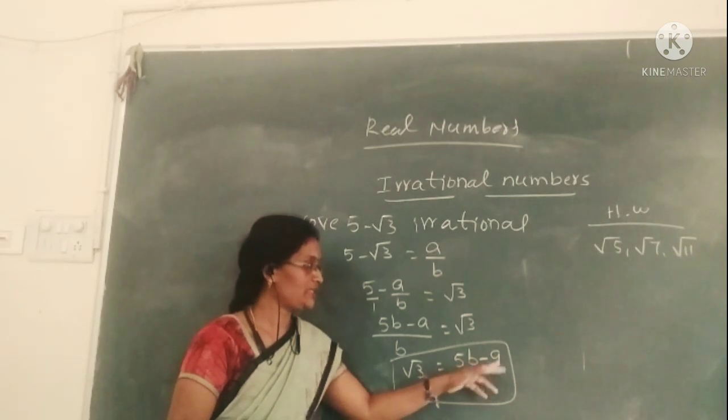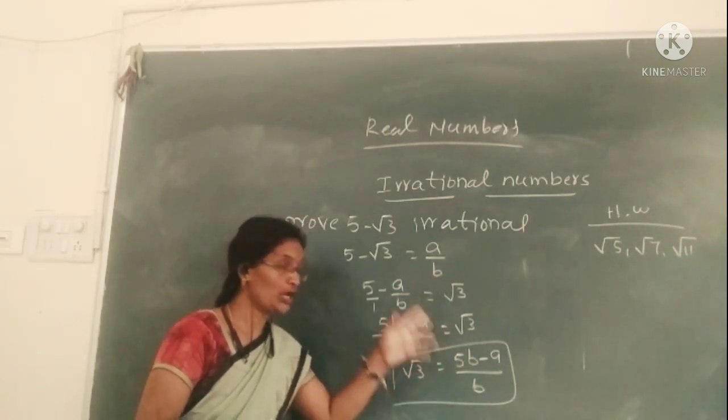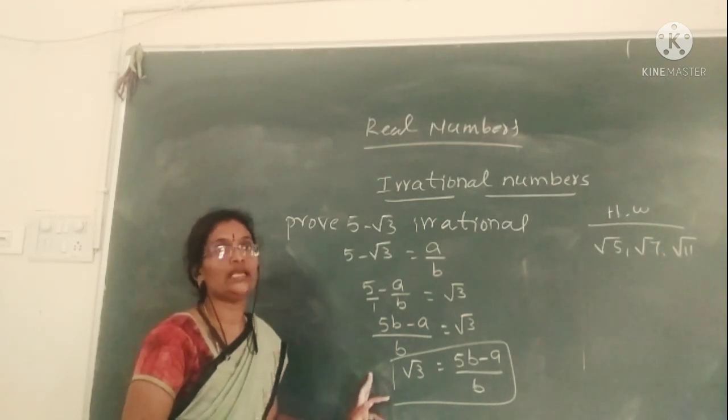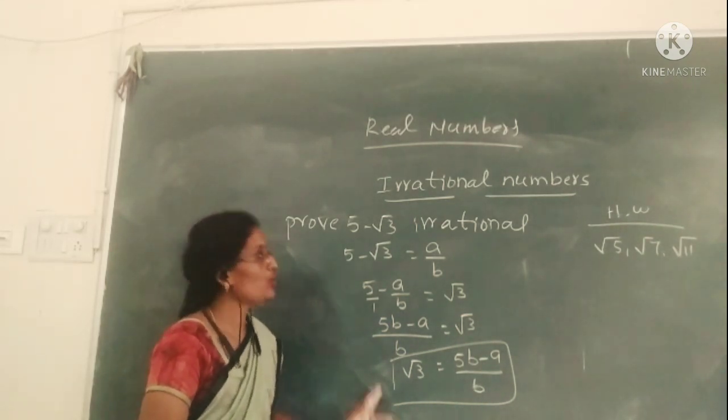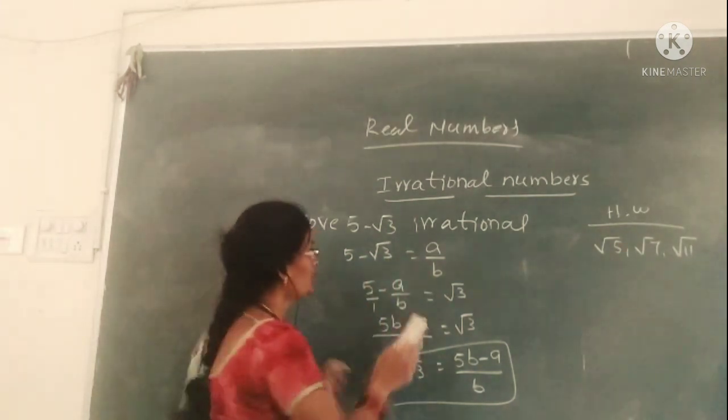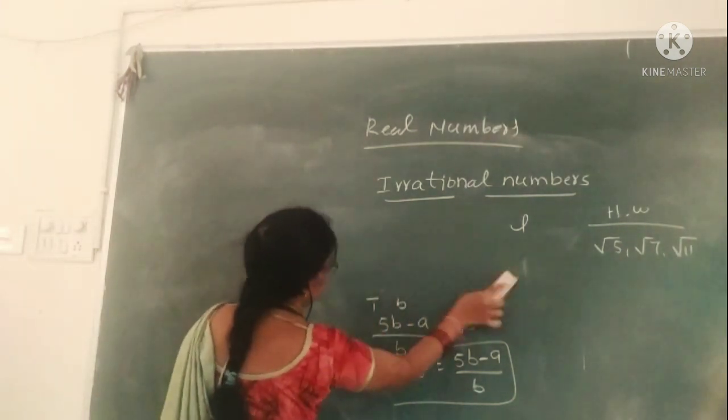So (5b minus a) by b is a rational number, and so root 3 is a rational number. But root 3 is an irrational number. So 5 minus root 3 is an irrational number. Next, we can take another example.